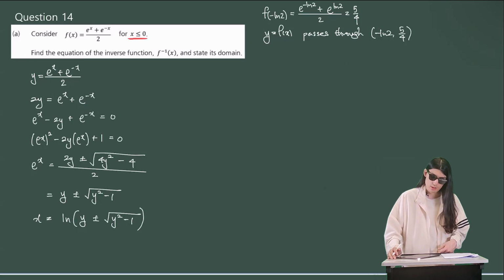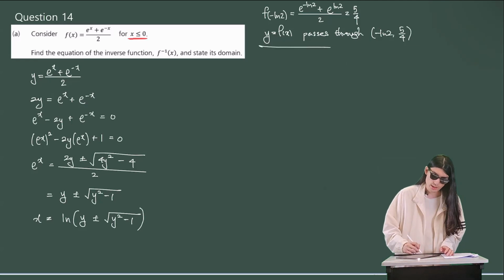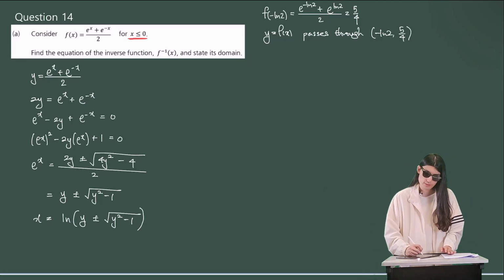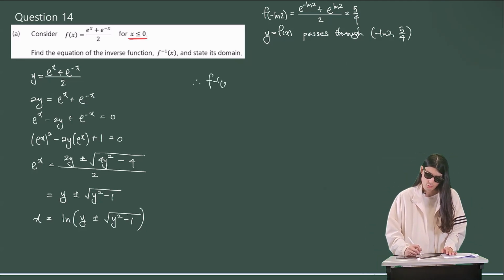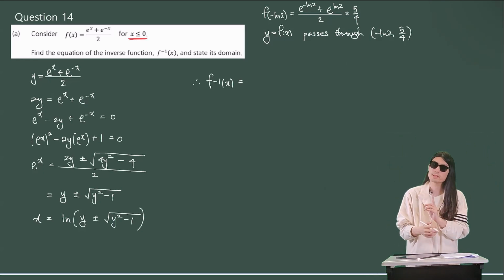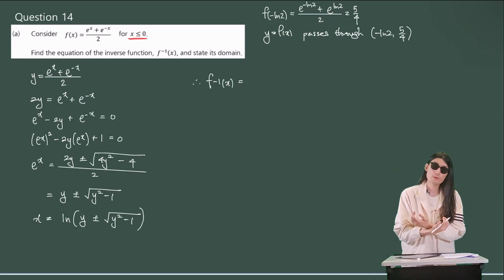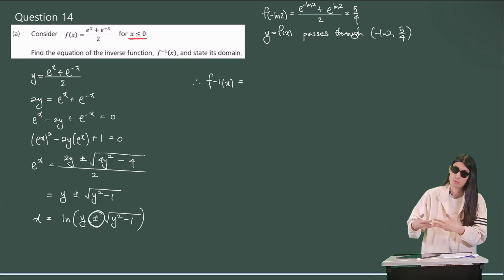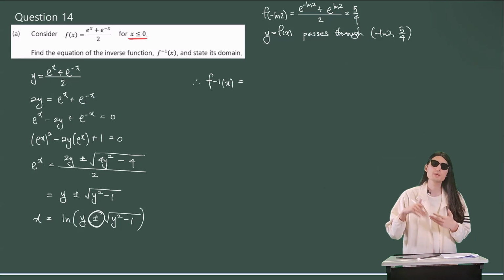And of course, guys, your equation of the inverse function is then stated by changing x and y in that equation. But here is where I am going to use this thing quite effectively, because now for me to state what the equation of the inverse function is, and also I need to find its domain, don't I? But in order for me to do that, I need to pick between the plus or the minus over here for my inverse function.